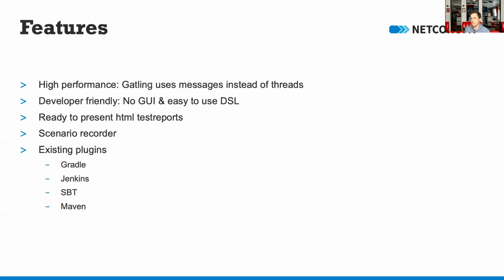So what does Gatling come with? I already mentioned that it's using messages instead of threads. It's developer friendly. That means there is no UI for clicking together the tests. You need something like IntelliJ or some IDE you use for software development.